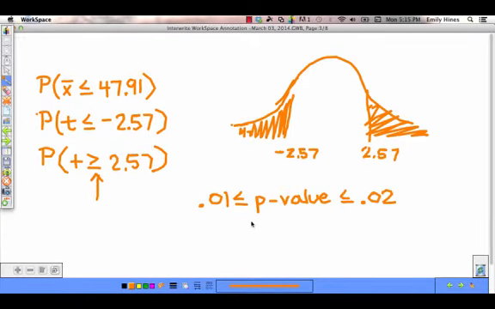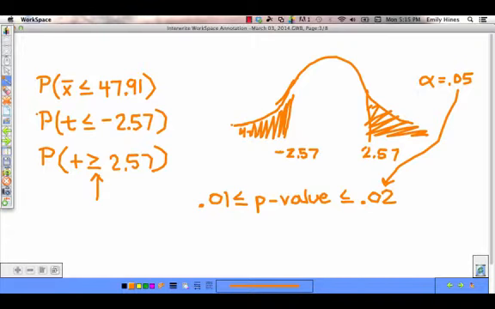Well, if my alpha value is 0.05, then this is enough to reject the null, because whatever it's between is still less than the alpha. So you don't actually have to know the exact p-value in order to reject or fail to reject the null. You just have to have the area and know that it's less than your alpha. So that's the thing about Table B.